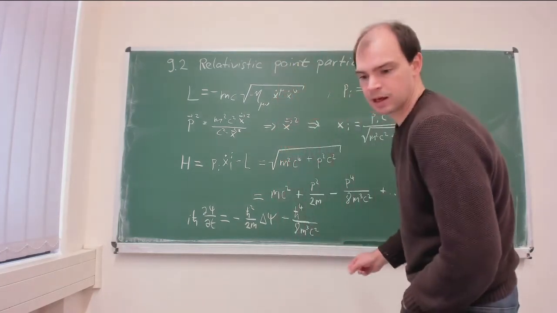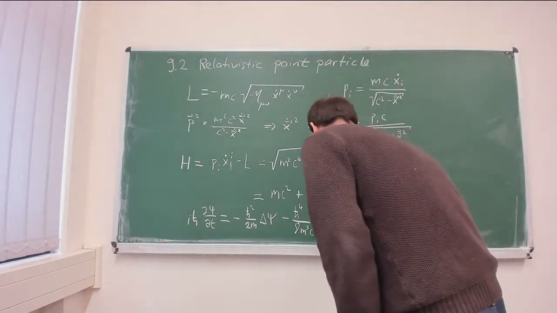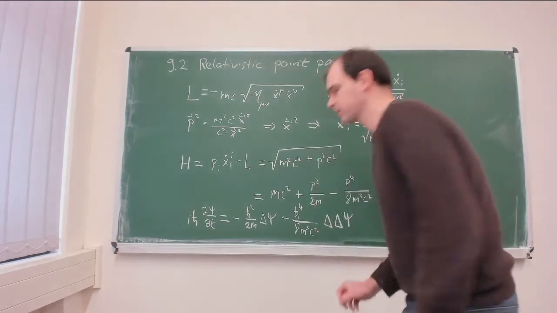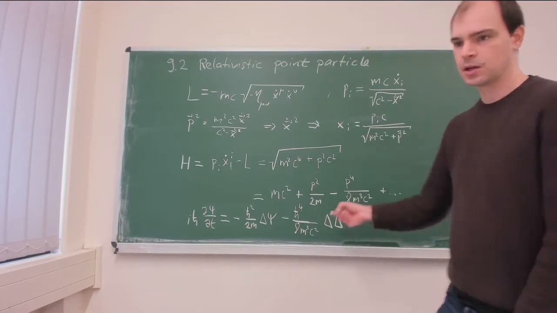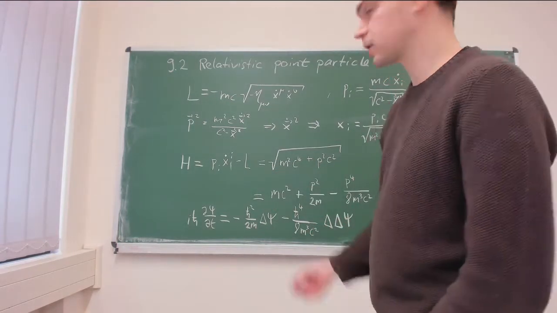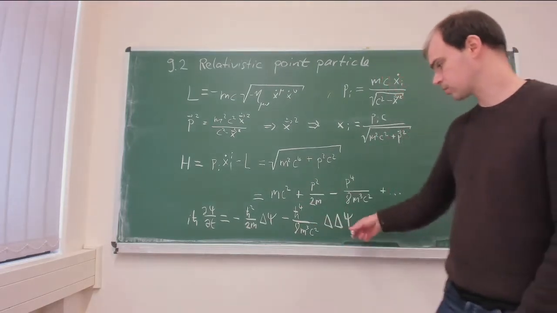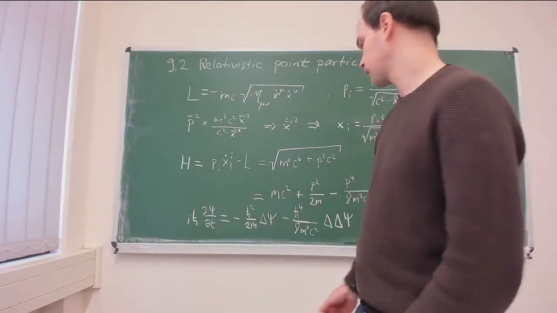And then we get a double Laplace operator from this p⁴. Okay. So this would be the relativistic correction to the Schrödinger equation according to this approximation. So we could work with this and calculate relativistic corrections.